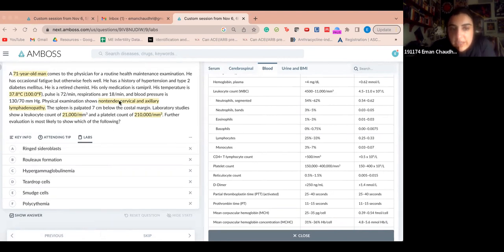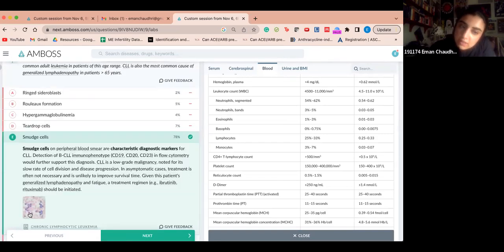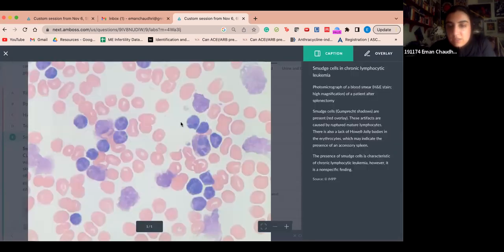So keep in mind the patient's age, chronic, low-grade fever, E, smudge cells. So where do you see smudge cells? Chronic myeloid leukemia, chronic lymphoid leukemia, CLL, good. So I'm gonna go for smudge cells and you guys are right. So these are smudge cells. Can you guys see these? Do you guys know how smudge cells occur?